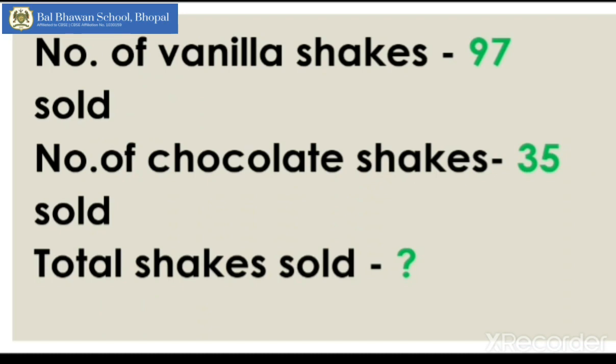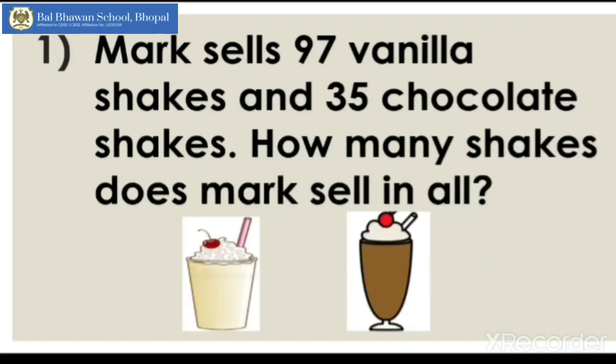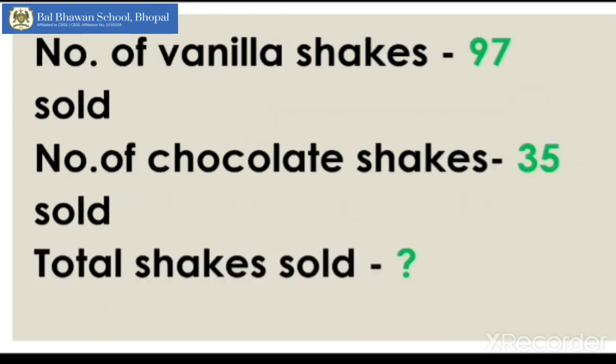Now we will write statements also. For writing statements, first we will write the statement for those values which are already given in the question. First, what is given in the question? The number of vanilla shakes sold by Mark. Number of vanilla shakes sold, how much? It is 97.